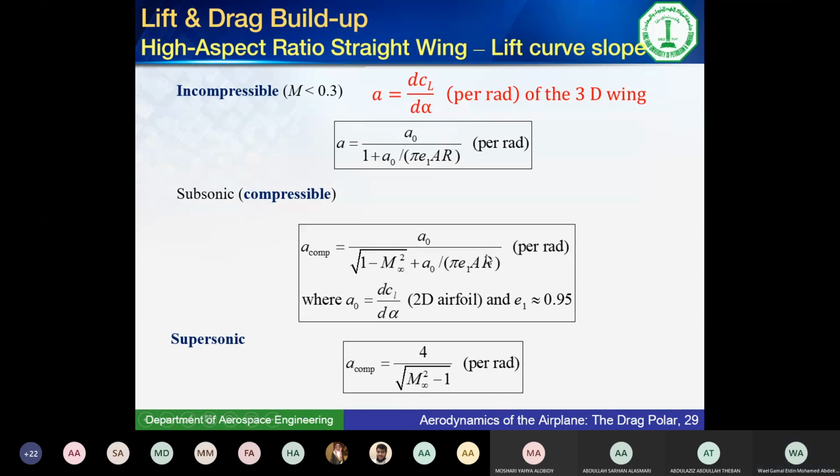It really doesn't depend on whether the supersonic wing is long or short. It doesn't depend on the airfoil, because the airfoil is what determines the A0, the slope of the CL versus alpha. So for a supersonic wing, the slope between the CL and alpha is a number determined only by the Mach number. Okay, and it's per radian.